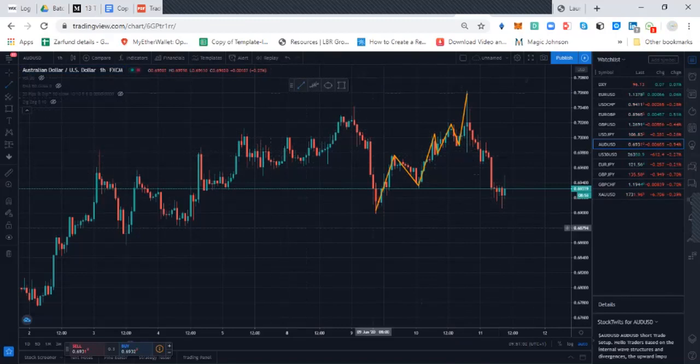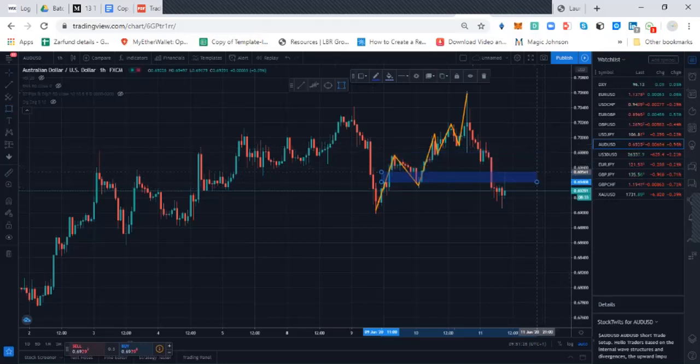Okay. So right now, what we are seeing here for this one we've just done, it means that we have a structure here. So when this moved up here, up, and pulled back, moved to a higher high, we have a structure here. That gave us a structure here.